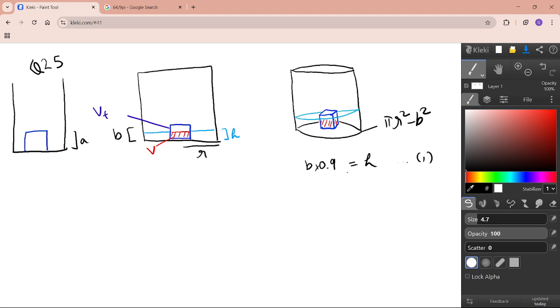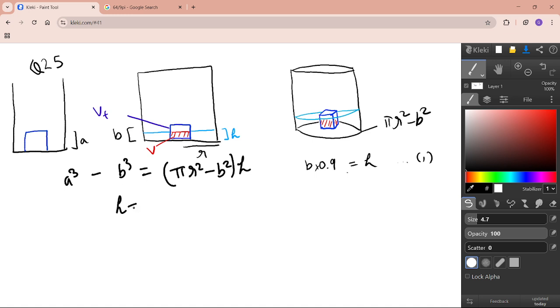See, what they say is the original volume was A cube. Now we got it as B cube. So the volume that is converted to water is A cube minus B cube. And this volume that's converted should be equal to pi r square minus B square times h.